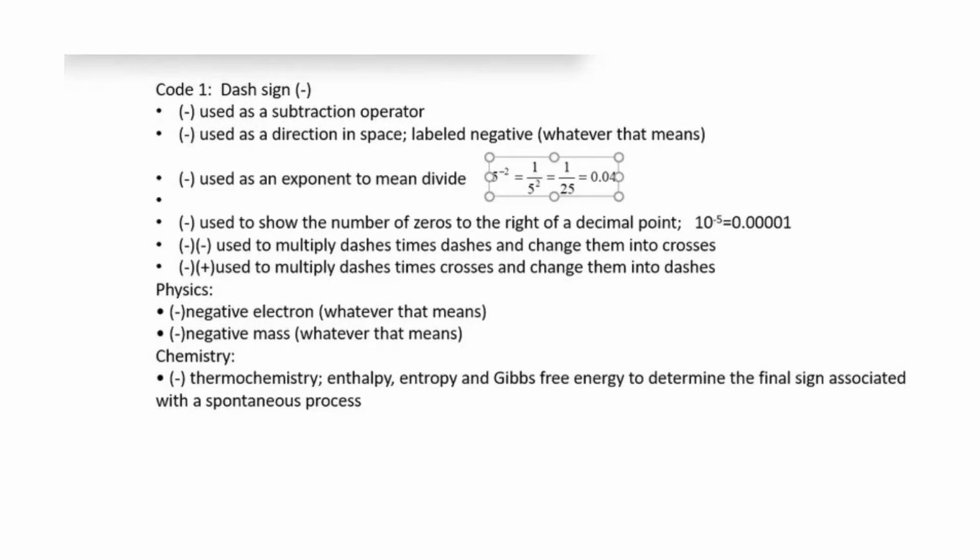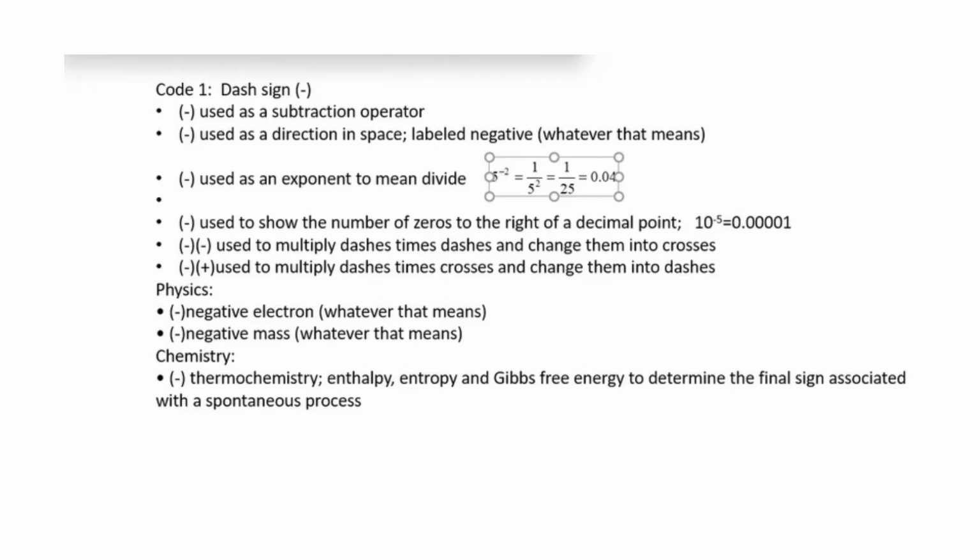Code 1, the dash sign. The dash sign is used as a subtraction operator, is used as a direction in space labeled negative, whatever that means, and is used as an exponent to mean divide, is used to show the number of zeros to the right of a decimal point.